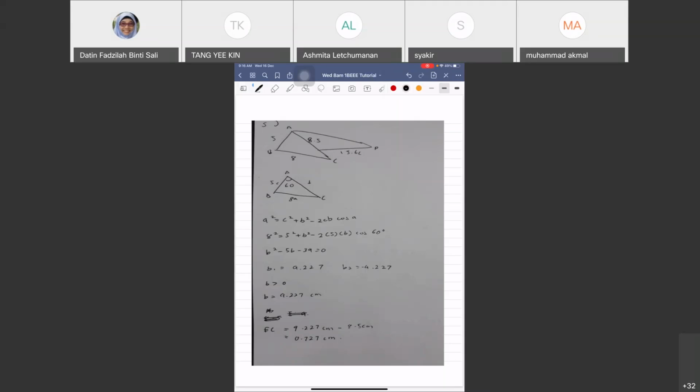So you have the whole stretch as B. Using the law of cosine, you get your B squared.